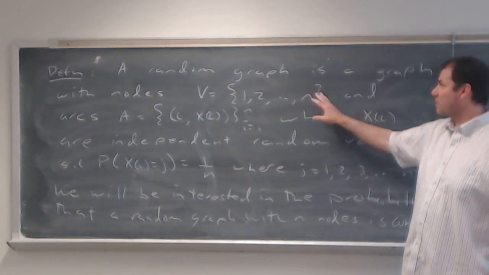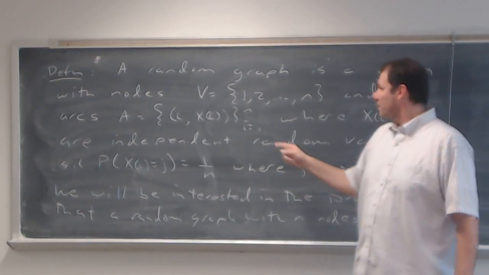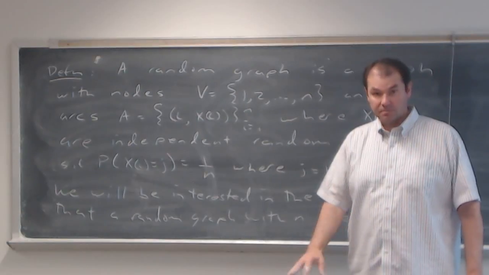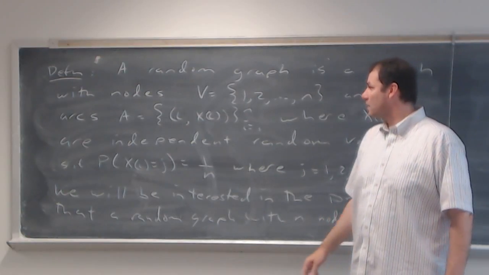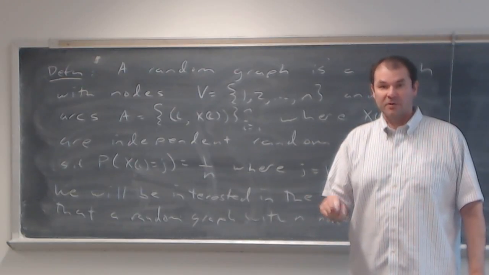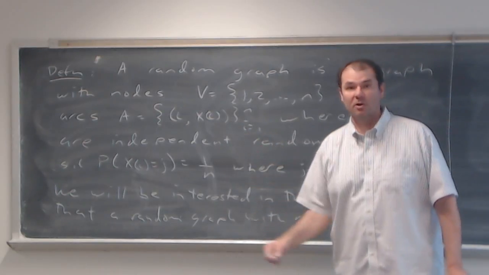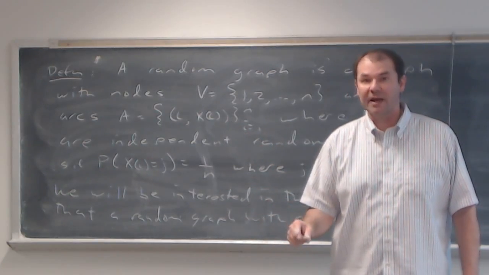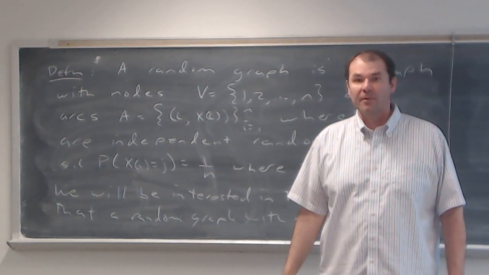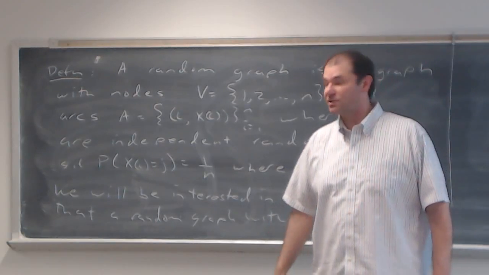So here, an outcome for a random graph is where you have these n nodes, and from each node you have an arc connecting it to a node, maybe even itself. And for each arc that's created from a node, there's only one arc coming from a node, if you will. Even though we said earlier we're not going to be talking about directed graphs, we're making the arcs that are involved in an outcome from a random graph. We're just going to have one arc from each of the nodes.